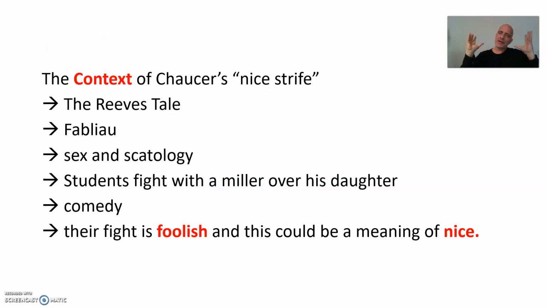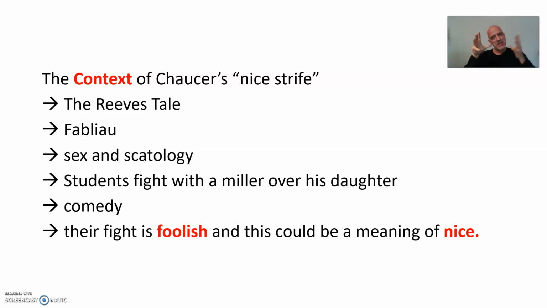First of all, what we can learn here, we have to look at the context, and the context of this nice strife. It's the Reeve's Tale. It's a fabliau. A fabliau is a story about sex and scatology. It's comic. Two students fight over the miller's daughter and his wife. It's all meant to be very entertaining and laughable.